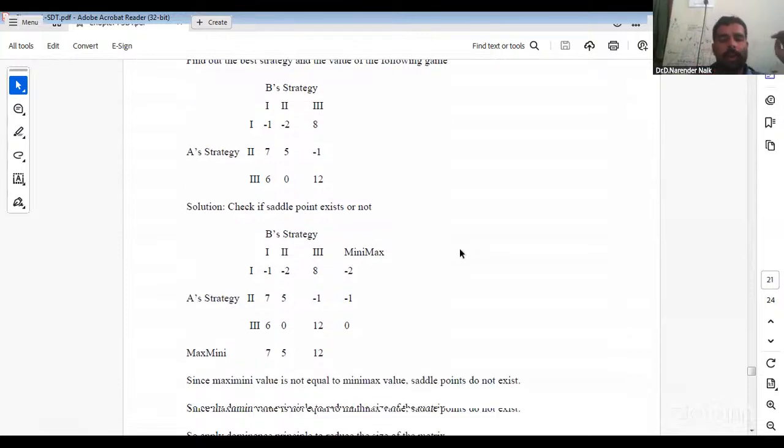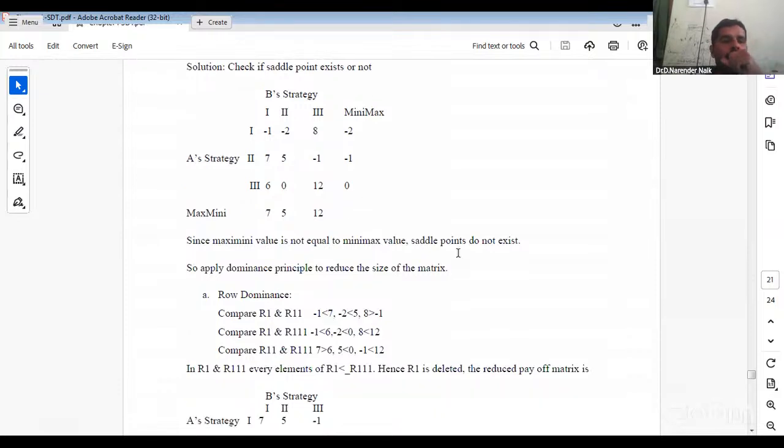Observe carefully, the minimax and maximin. The row minimums: -2 is the minimum in the first row, -1 is the minimum in the second, and 0 is the minimum in the third. The column maximums: 7, 5, and 12.